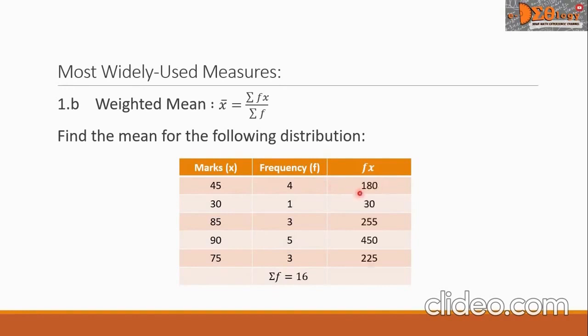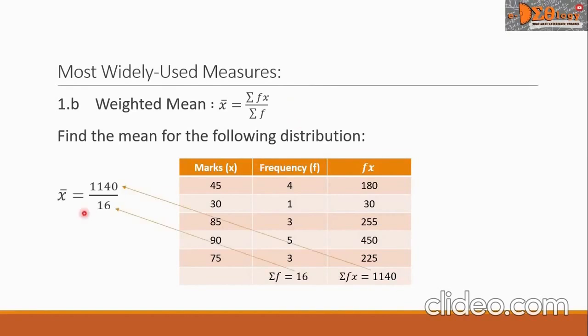So the first blank will be 180. 30 times 1 is 30. 85 times 3 is 255. 90 times 5 is 450. 75 times 3 is 225. And then at the bottom, let us take the summation, and that is equal to 1140. So the summation of this column, and also of this column, are the ones needed for our formula.